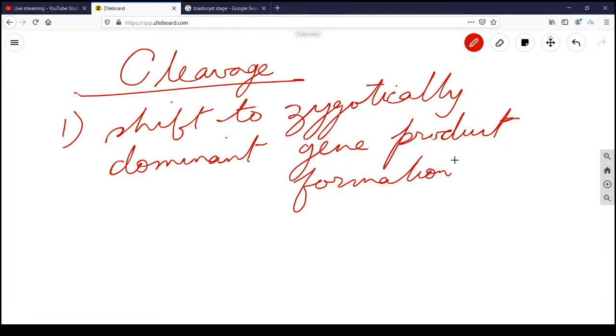That is number one. Second is the compaction that I talked about. Compaction means that the blastomeres develop intercellular connections and begin to take on characteristics of epithelial cells.